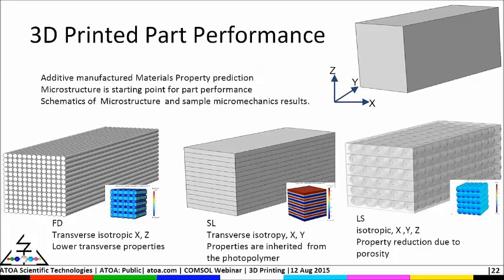To predict the 3D printed part performance, additive manufactured material property prediction based on its microstructure is the starting point for part performance. We would prefer to have a microstructure as shown on the top right. This is a homogeneous microstructure, which we usually see in top-down kind of processes. But in a 3D printed part, we usually end up with a microstructure as shown at the bottom.